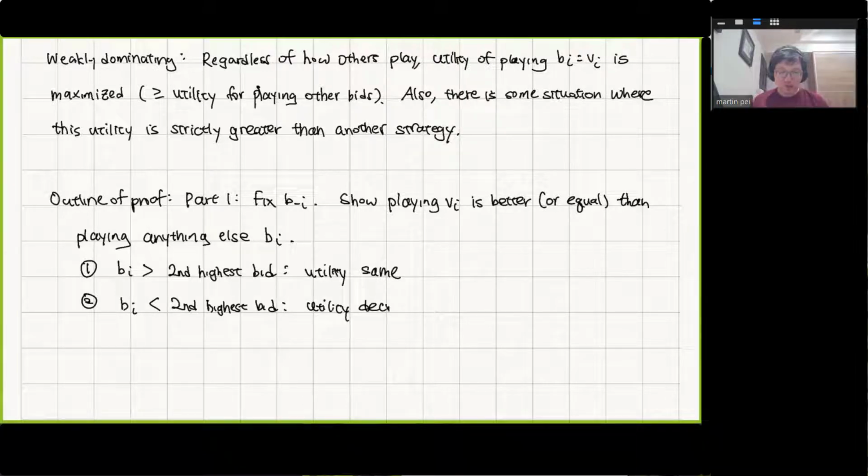Okay. And then there is the annoying part about what happens with the equality case, and we'll just ignore that case for now. Okay. So that is the first part.